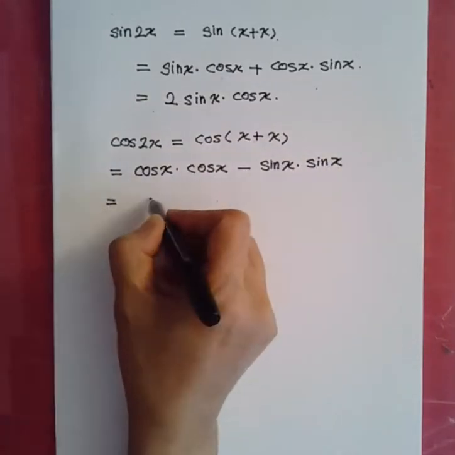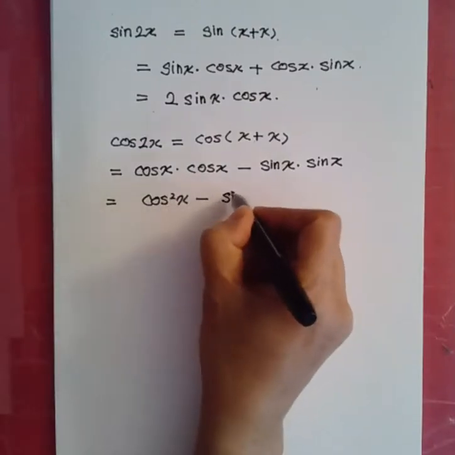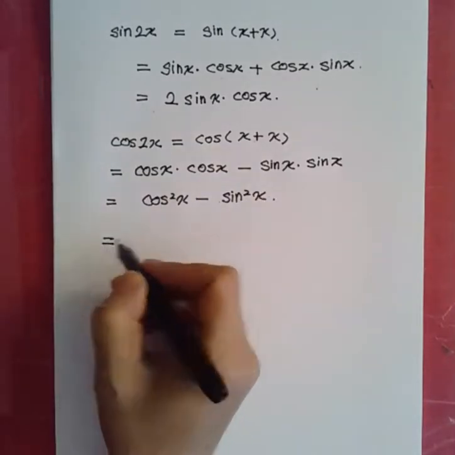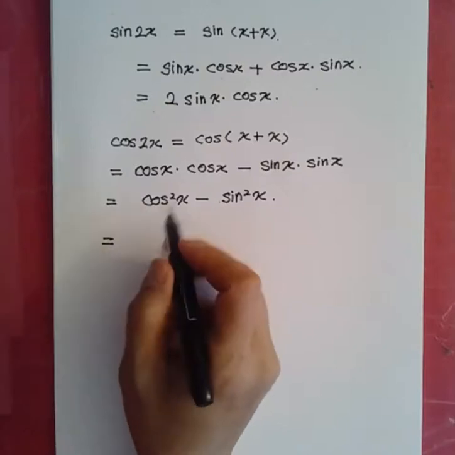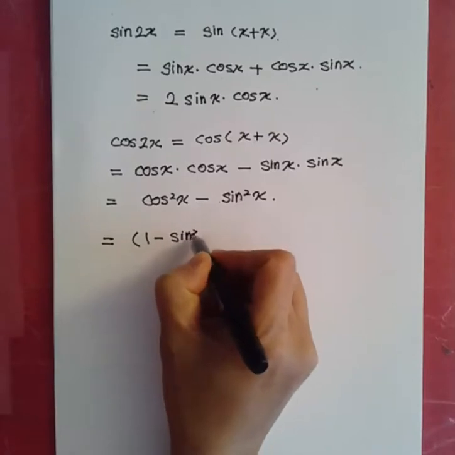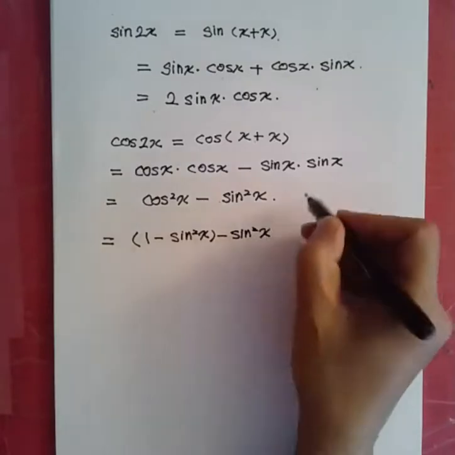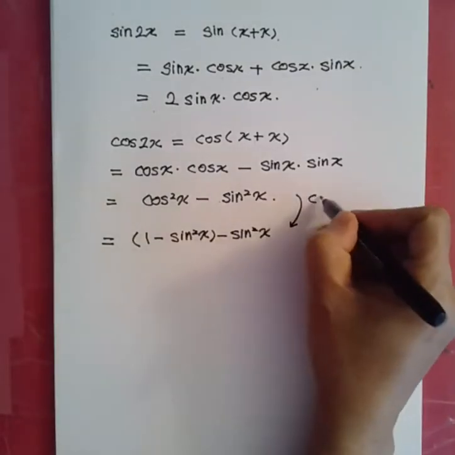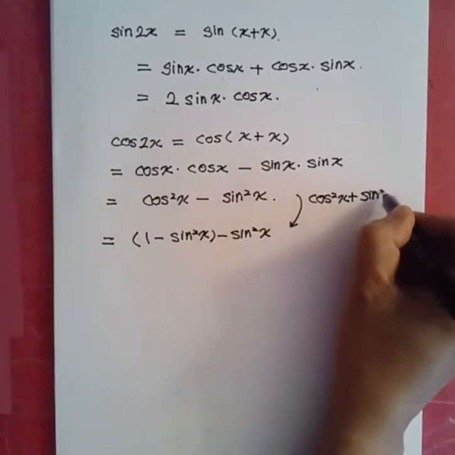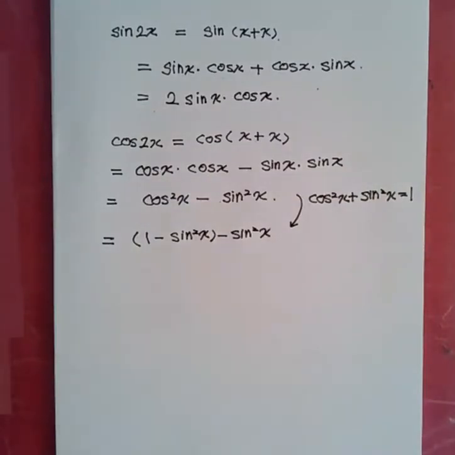So that becomes cosine squared of x minus sine squared of x. So we apply the Pythagorean formula for the first one, then that becomes 1 minus sine squared of x minus sine squared of x. From here to here, we have cosine squared of x plus sine squared of x equals 1, which was the Pythagorean formula.